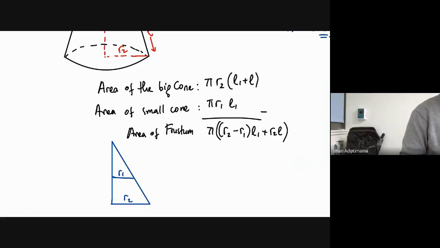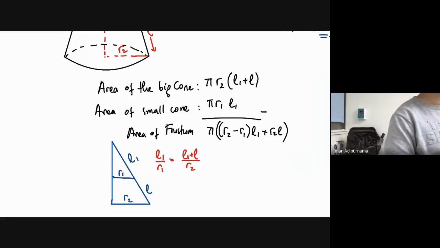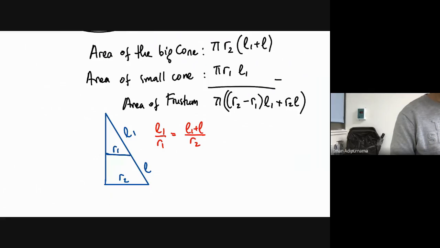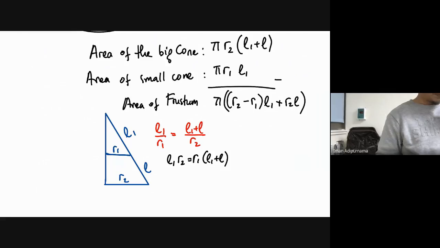This is R1, R2, and this is L1, L. So L1 over R1 is L1 plus L over R2, based on the similarity of the triangles. Now we can write this as L1 R2 equals R1 times L1 plus L. We can solve this and we get R1 L equals R2 minus R1 times L1.